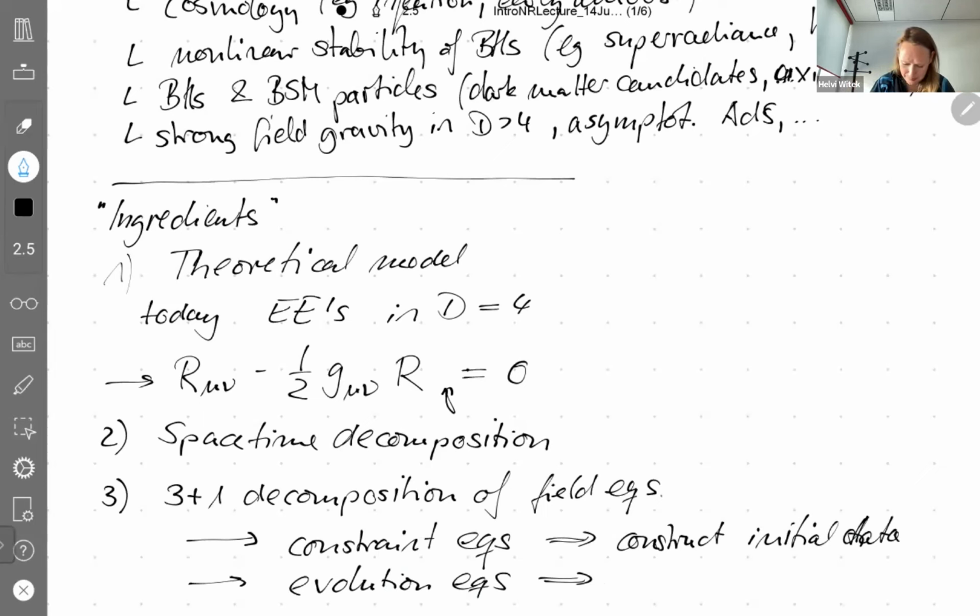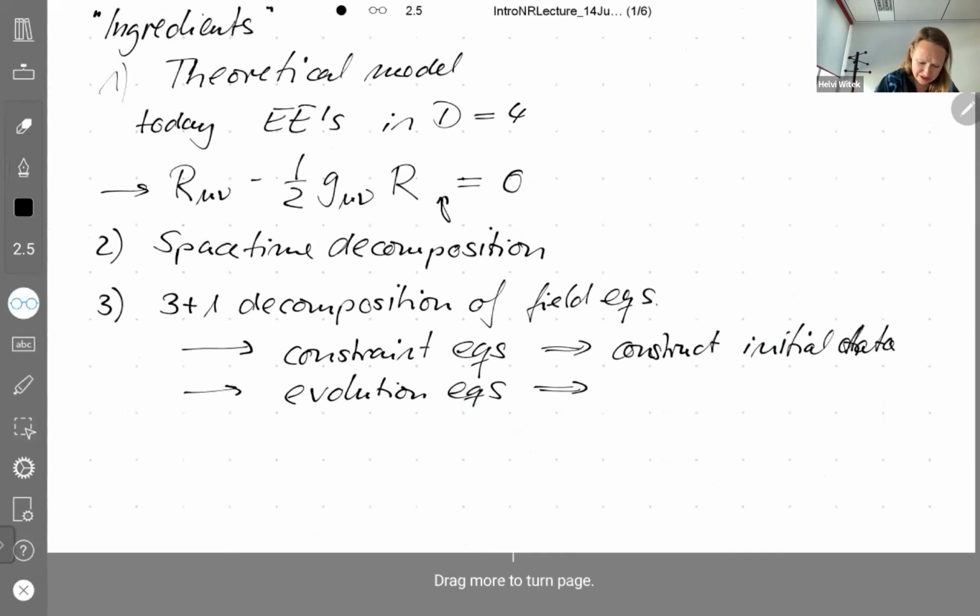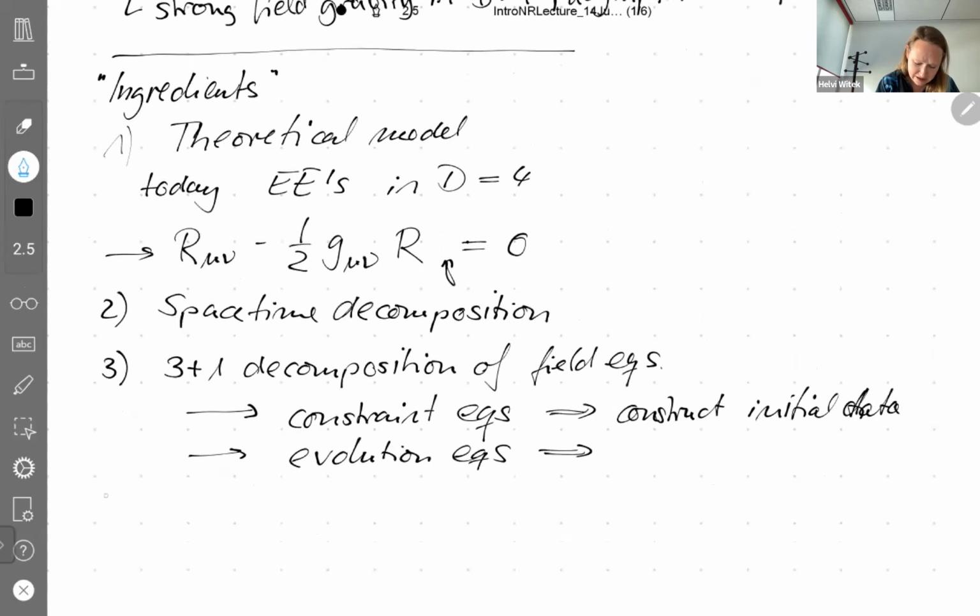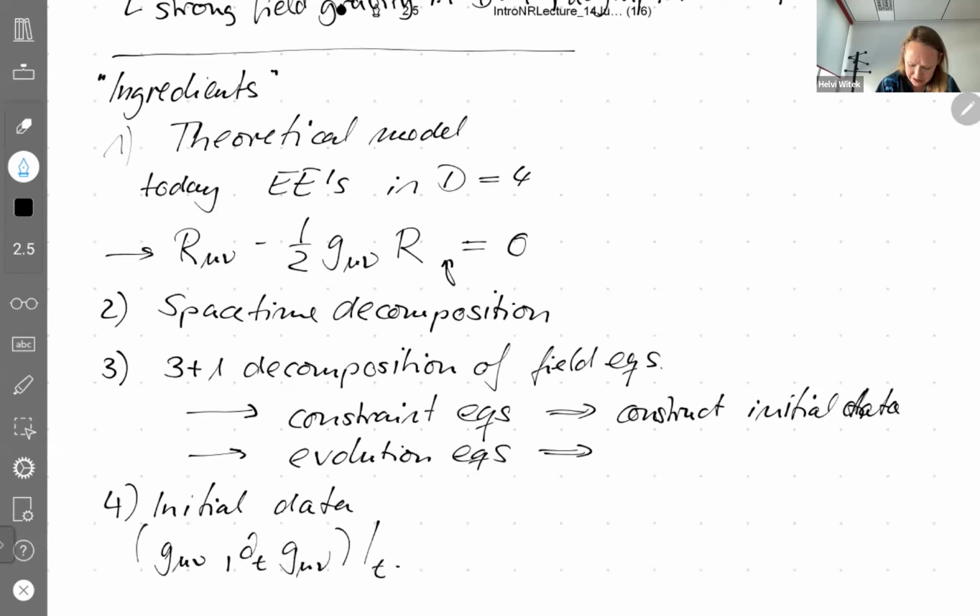Good. And then, as I said, once you have these, you want to think carefully about how to set up initial data. That is, if I have my space-time metric and its first time derivative at t equals 0, this is what you want to do.